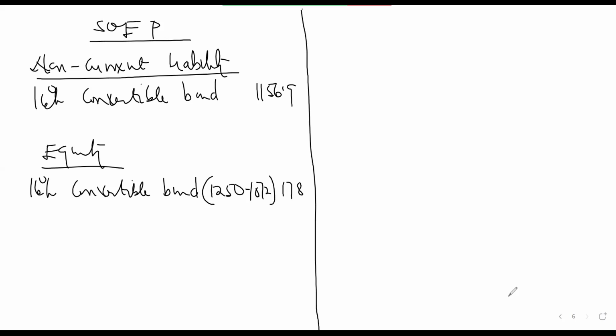So 1072 will be taken away from that, and the 1156.9 will give you the difference. So we have the 178 over here. Okay. So that is a correction that you'll be doing in the statement of financial position.